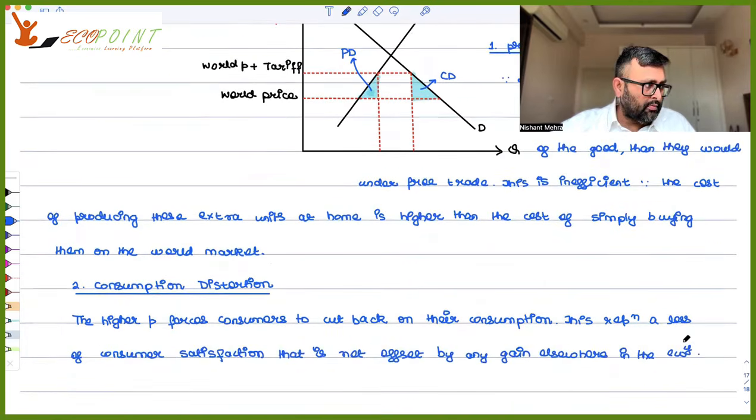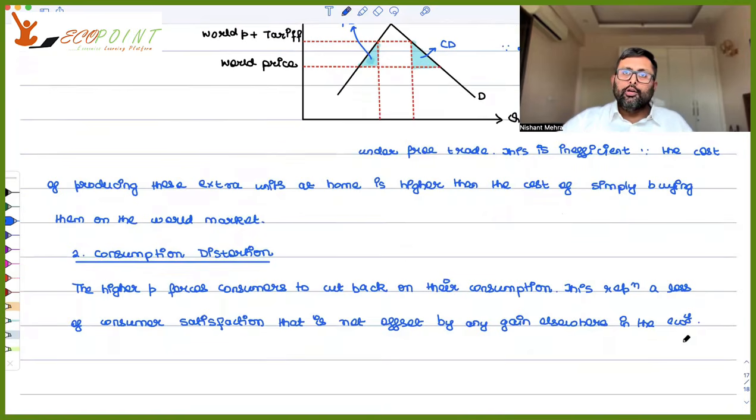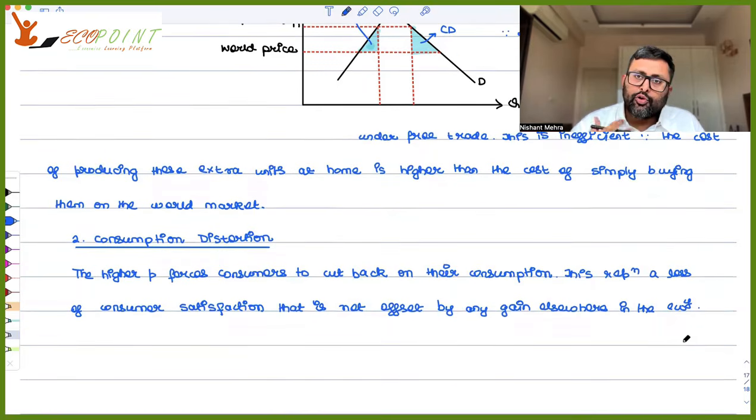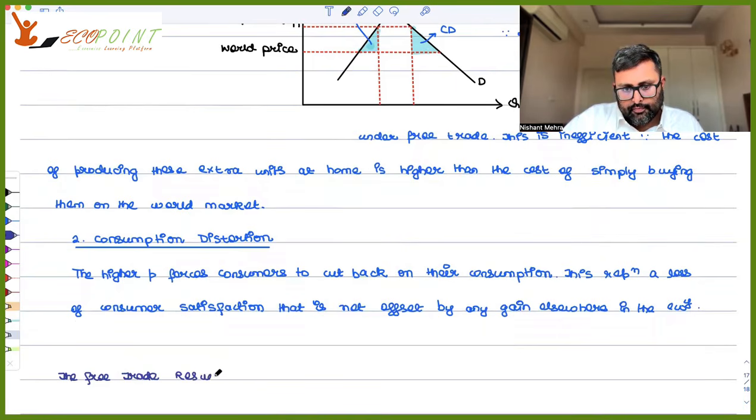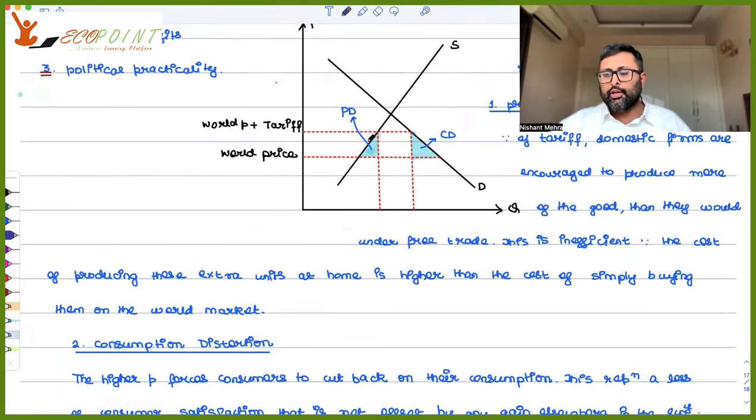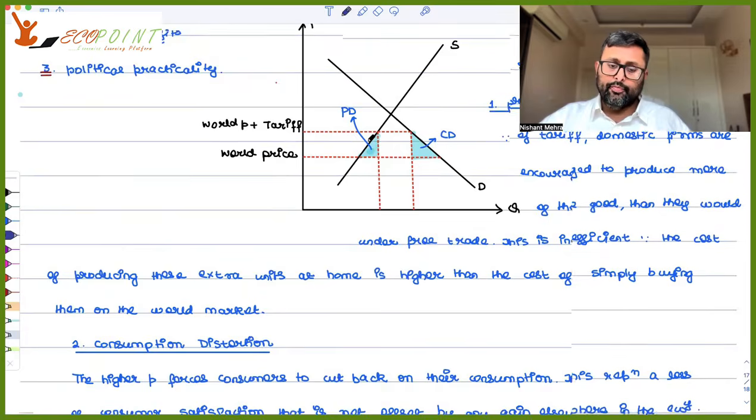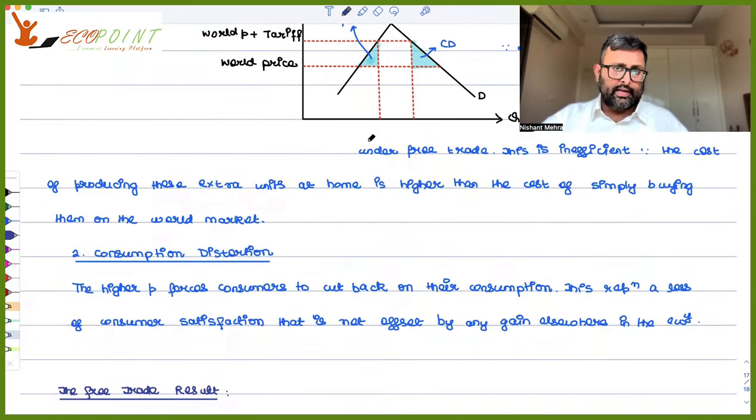So what is the result of free trade? Instead of putting a tariff, if the government had gone to free trade, then free trade would eliminate these triangles, right? So it is going to increase the total national welfare. If the government does not intervene and allows free trade, these two triangles, which are there because of the distortions due to tariff, would not be there.